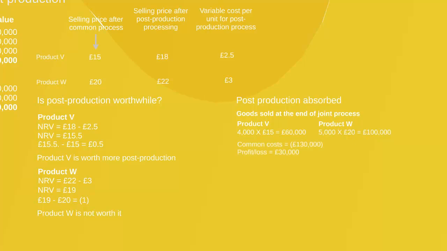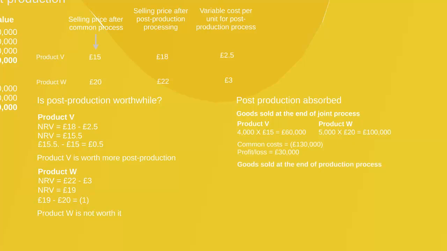And the common costs, of course, are £130,000. If we add together the 60,000 from product V and the 100,000 from product W, and then deduct that 130,000 in cost, we get 30,000 profit overall.